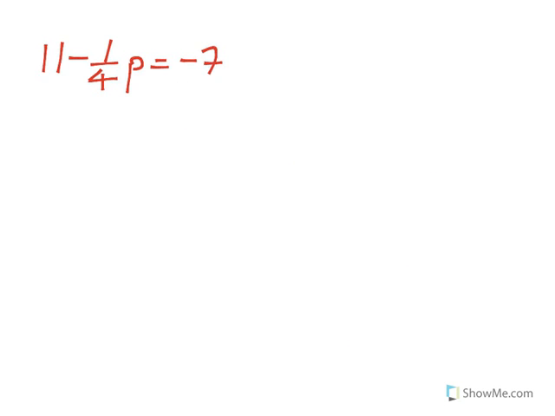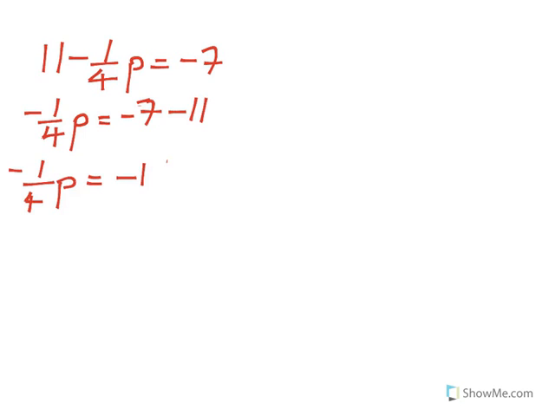Then the simple thing you need to do is to solve for p. You can take 11 to the other side. You will have minus 1 over 4p is equal to minus 7 minus 11, so you are going to have minus 1 over 4p is equal to minus 18.